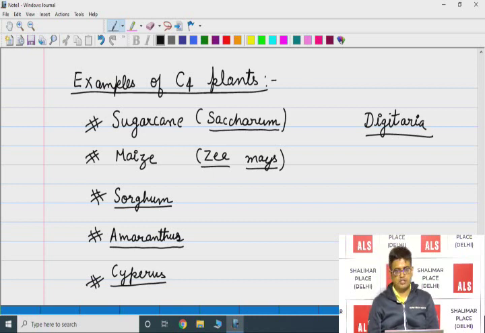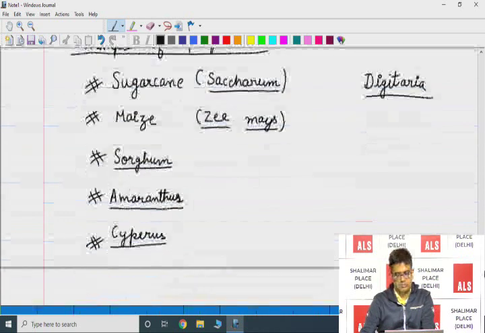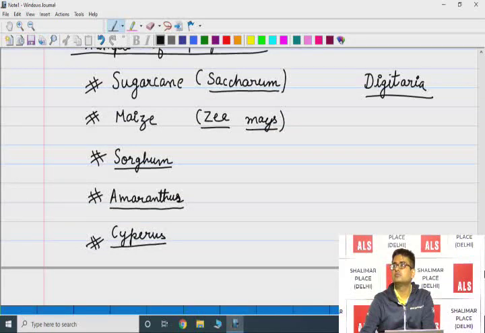The C4 cycle is finished. Let's write CAM plants or the CAM cycle. Okay, so this is done. Let us write down CAM, or crassulacean acid metabolism. I hope you have written it down.